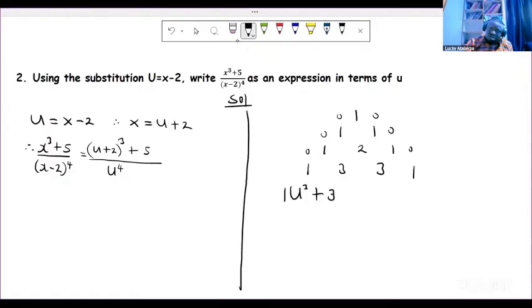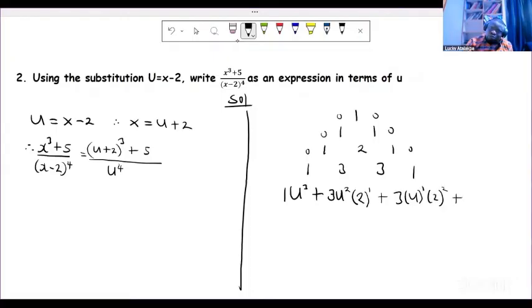Coefficient is 3 multiplied by 2. U will reduce by 1, so u will be squared. Then my 2 will increase by 1. So plus again, 3 again. U will reduce by 1. 2 will increase by 1.